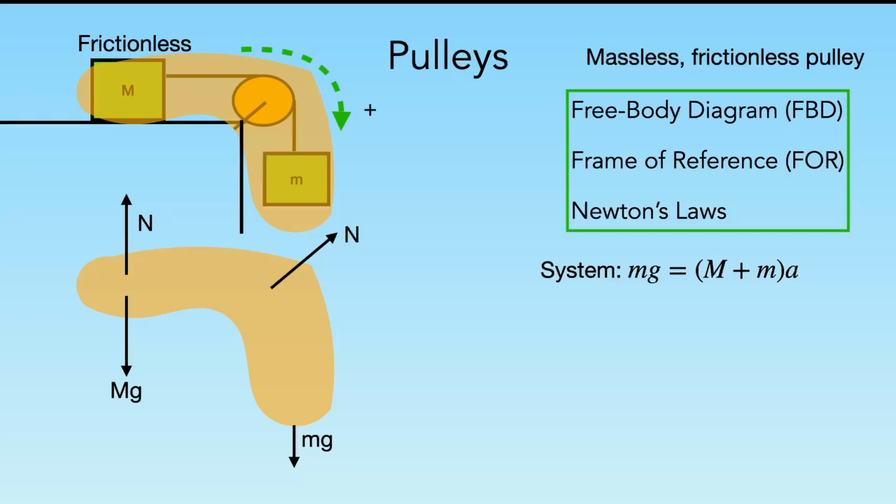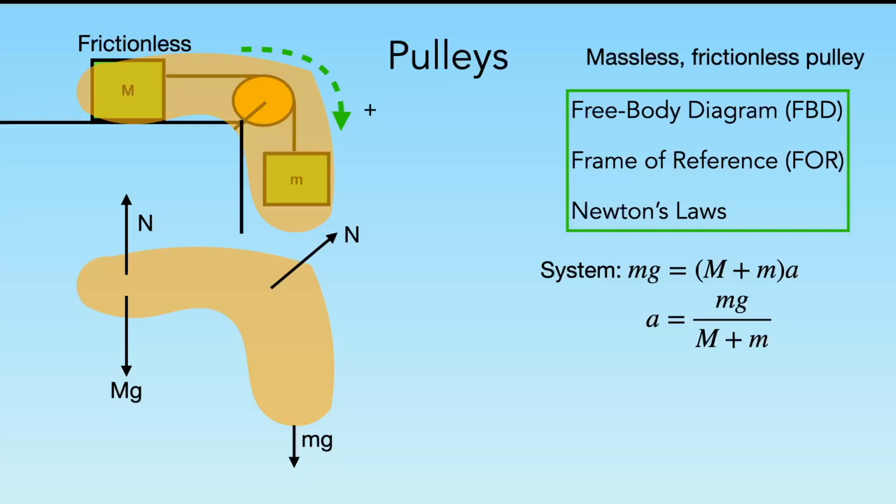If friction were there, we'd have mg minus the force of friction on that capital M. mg equals capital M plus little m times A. Because the important thing is the force on the system equals the mass of the system times A. So we have to include both little m and big M, because that's the total thing that's getting accelerated. So really easy to solve for acceleration. Just rearrange that equation. We have little mg over big M plus m.